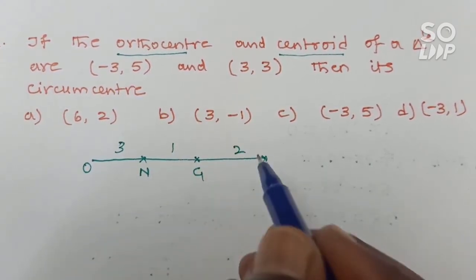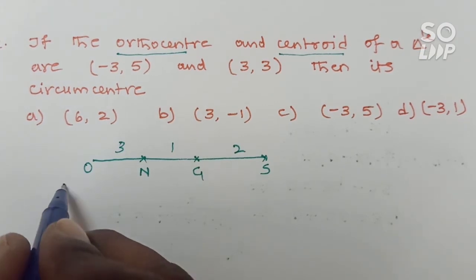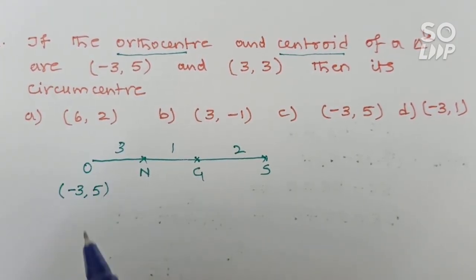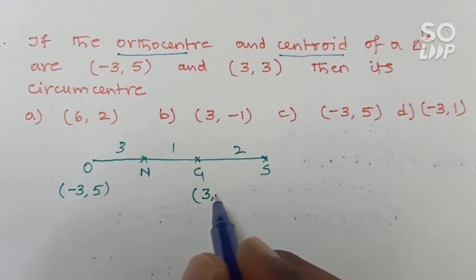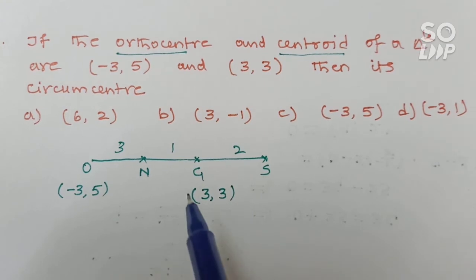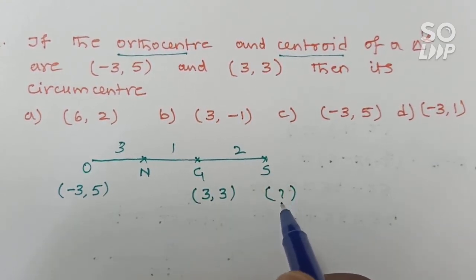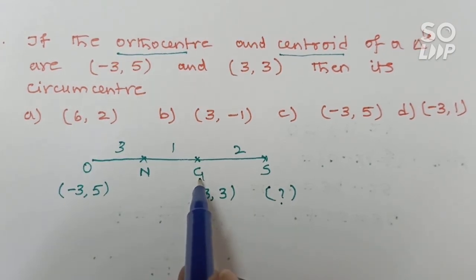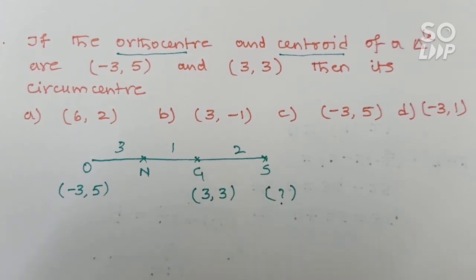3:1:2. What are the given values? The orthocenter is given, -3, 5. And the centroid is given, 3, 3. You have to find the circumcenter. The centroid divides OS in the ratio 2:1.